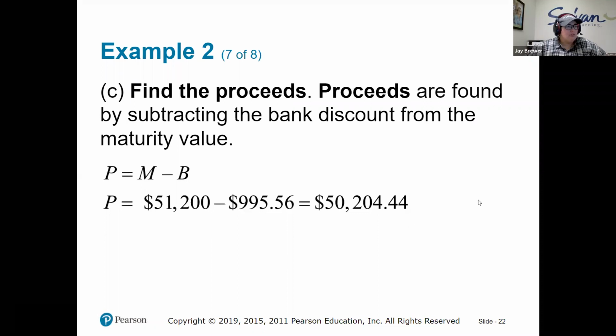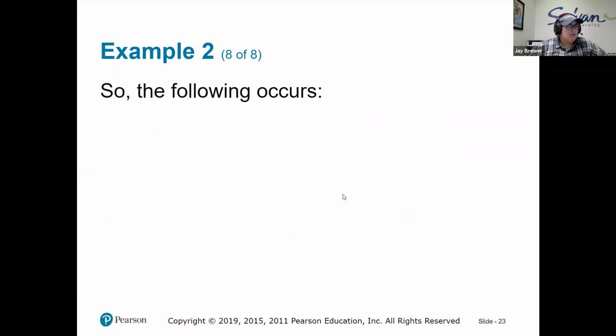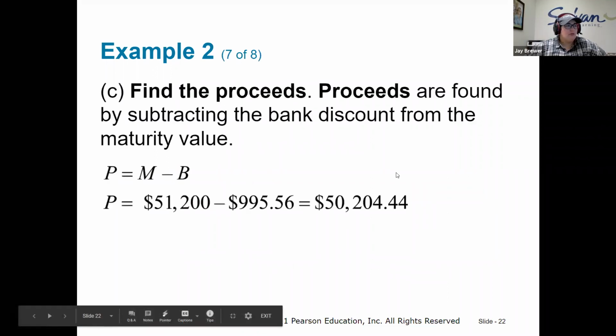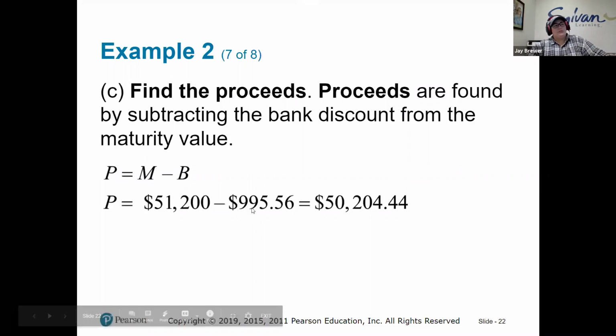Find the proceeds. Proceeds are found by subtracting the bank discount from the maturity value. Oh, that was probably too quick. So you're going to subtract the 51,200 by the almost nearly 1,000, and you get 50,204.44.